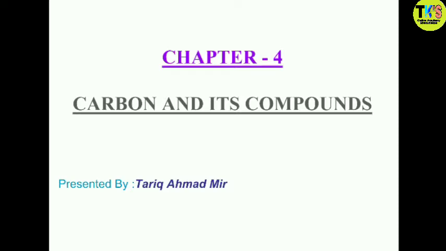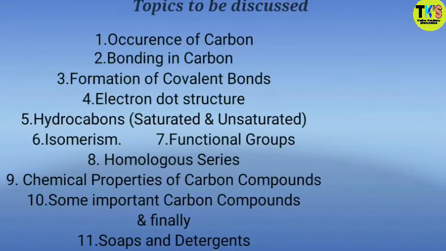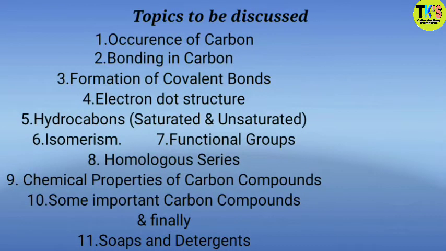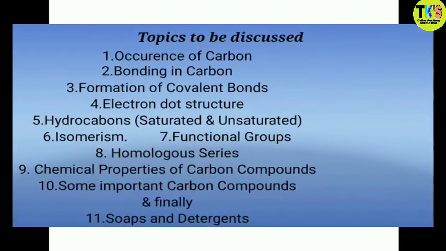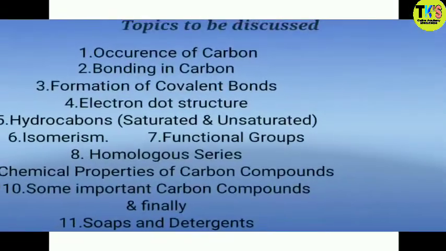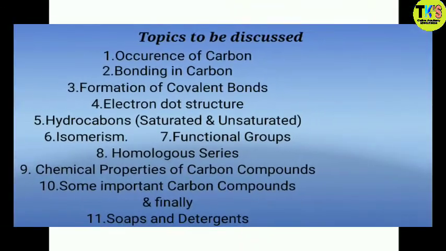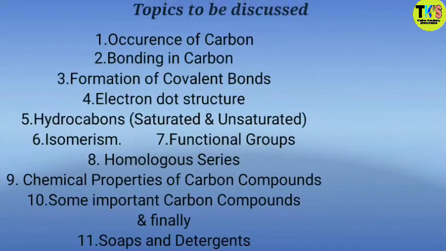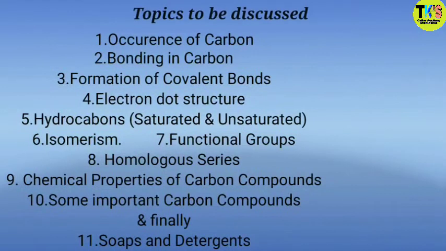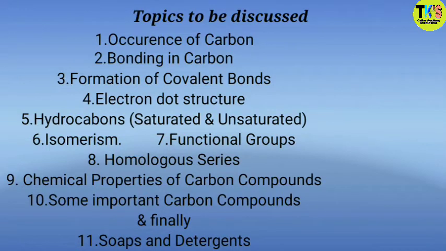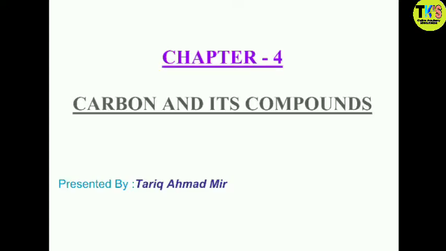Dear friends, topics to be discussed in this chapter are occurrence of carbon, bonding in carbon, formation of covalent bonds, electron dot structures, hydrocarbons, saturated and unsaturated, isomerism, functional groups, homologous series, chemical properties of carbon compounds, some important carbon compounds, and finally we will go through soaps and detergents.